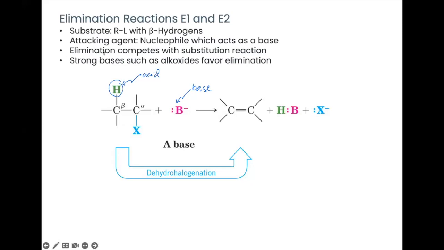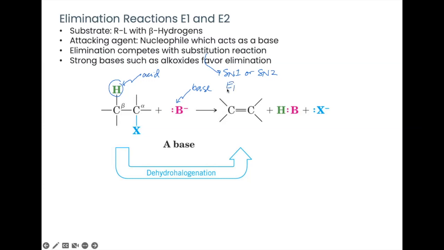Also take note that elimination reactions compete with substitution reactions. Sometimes, depending on the condition of the reaction, it can undergo SN1, SN2, E1, or E2. So yung substitution natin, if you recall, you can have SN1 or SN2, and therefore an elimination reaction can compete with these two reactions.